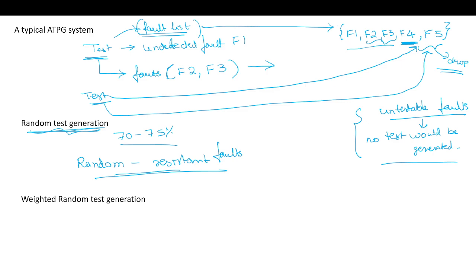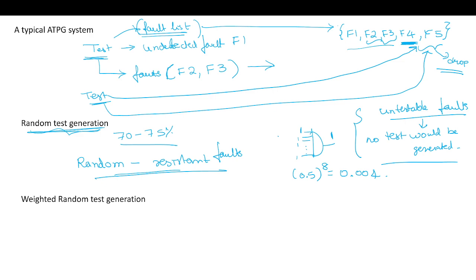For example, if we have an 8 input AND gate, to generate 1 at the gate output, we need 1 on all the inputs. So its probability is 0.5 to the power 8, which remains very low.